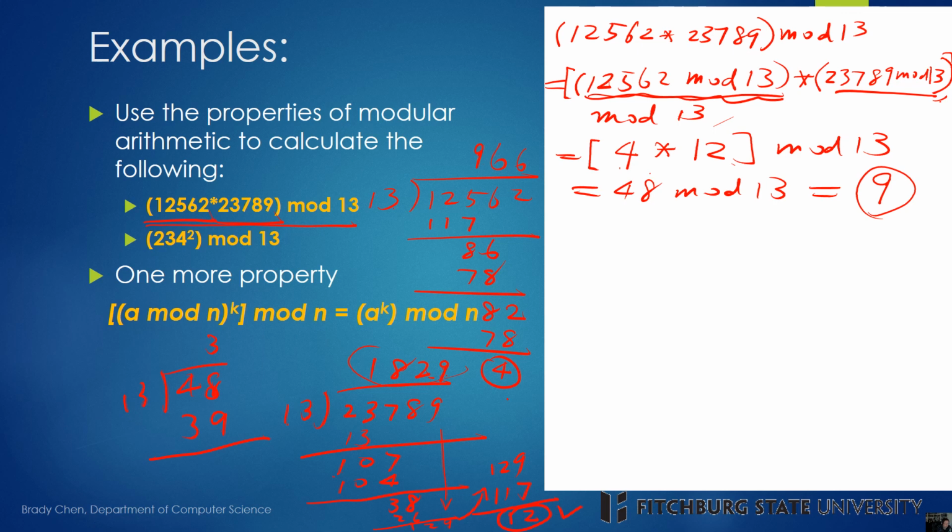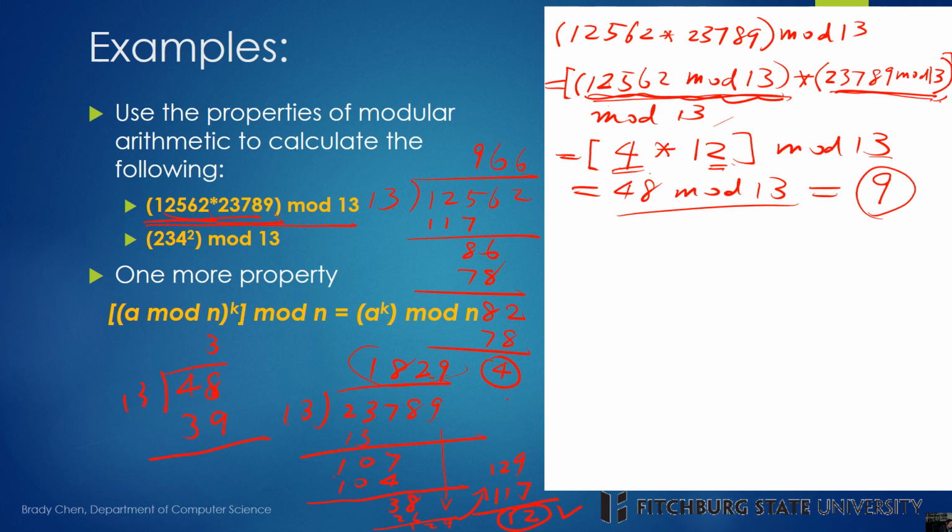In this case, instead of multiplying two huge numbers, we do the modular for each smaller number, and then we multiply two small numbers and take mod 13. This is going to dramatically save our time. And also, later on, when we use a computer program, we will find out it can dramatically save memory space, because we don't need to store a huge number before we do the mod operation.